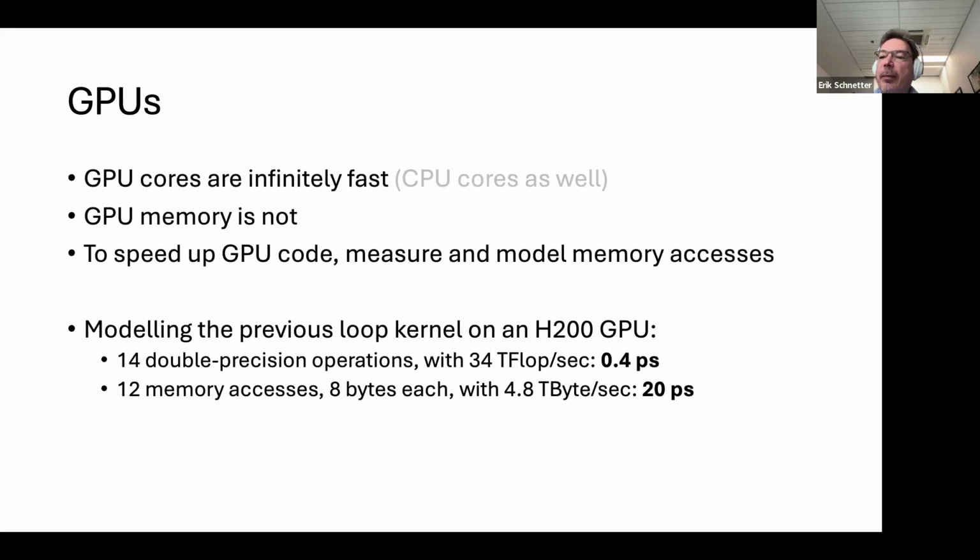We have a few hours of explaining how to measure code for GPUs. If you have an NVIDIA GPU, the thing would be called NVIDIA Nsight Systems. It's easy to use. It has a nice user interface and so on. So you really need to do that to see what happens with the performance of the code. And then you also see that these numbers down here, the 0.4 and the 20, they are rough estimates. The reality will be different, quite different indeed.